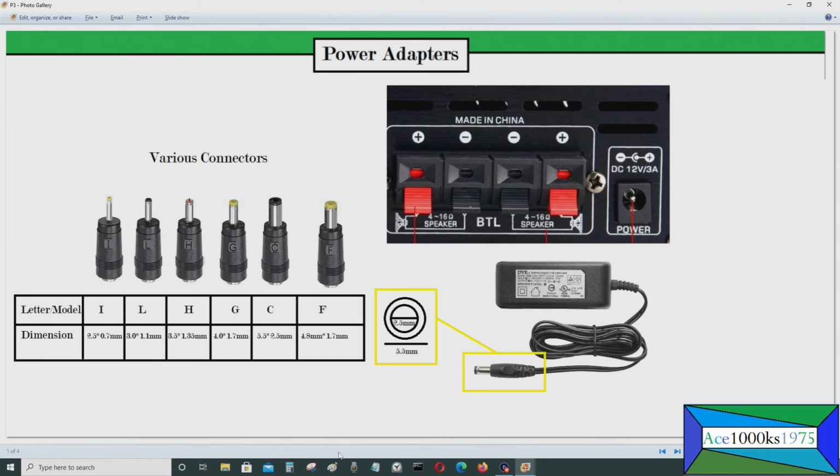So for this product, you would need C, so that would be 5.5 times 2.5 millimeters. That would be the right connector for this power supply.